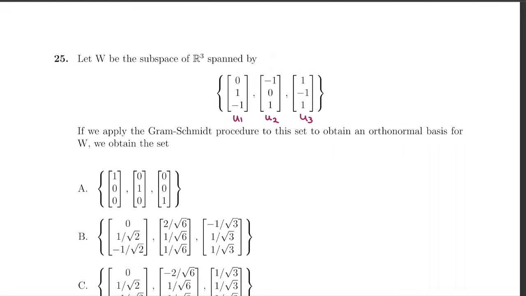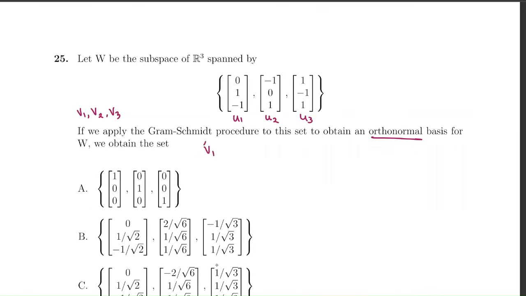So the way we do this for vectors is to first set one vector to stay the same, but we just normalize it because it needs to be an orthonormal basis, which means that not only are the vectors orthogonal to each other, but they all have magnitude of 1. So I want to find v1, v2, and v3.